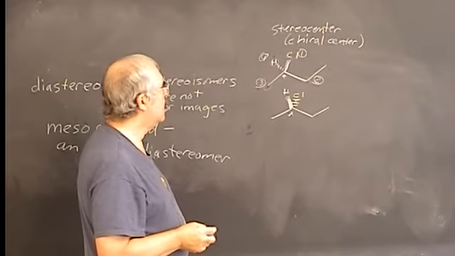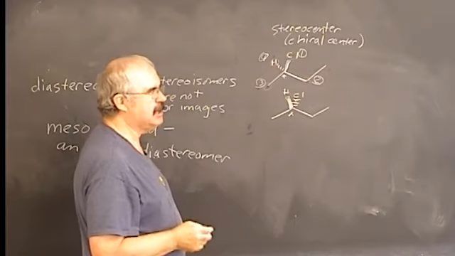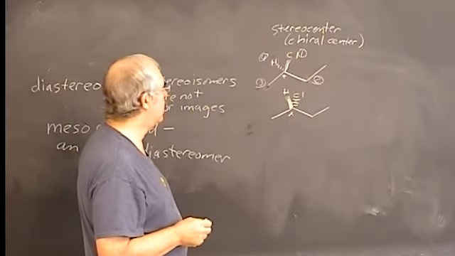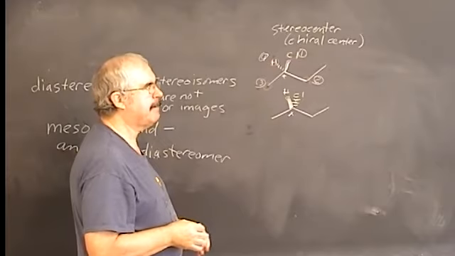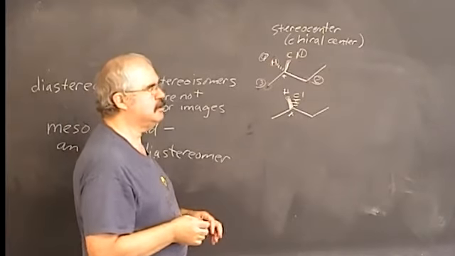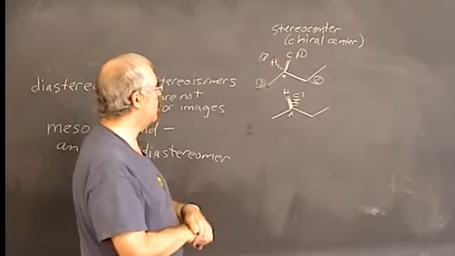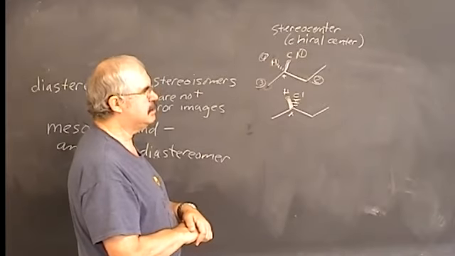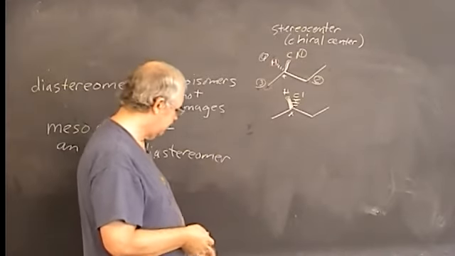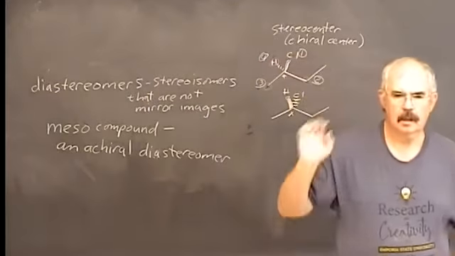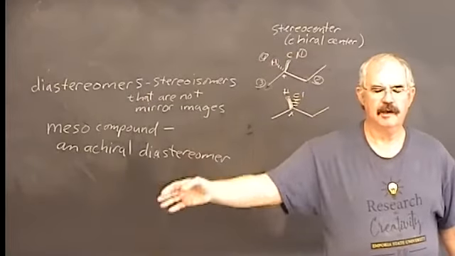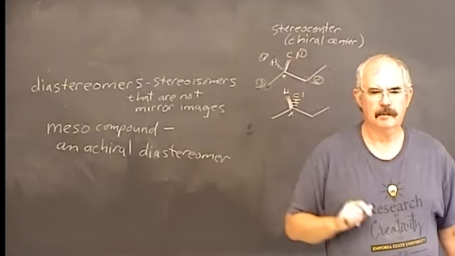And this system specifies that the lowest priority group, which in this case would be hydrogen, it doesn't have to be hydrogen, it's just whatever the lowest priority group is, that has to be away from you. Okay, that's important because this is my right, but if you're facing me, it's your left.